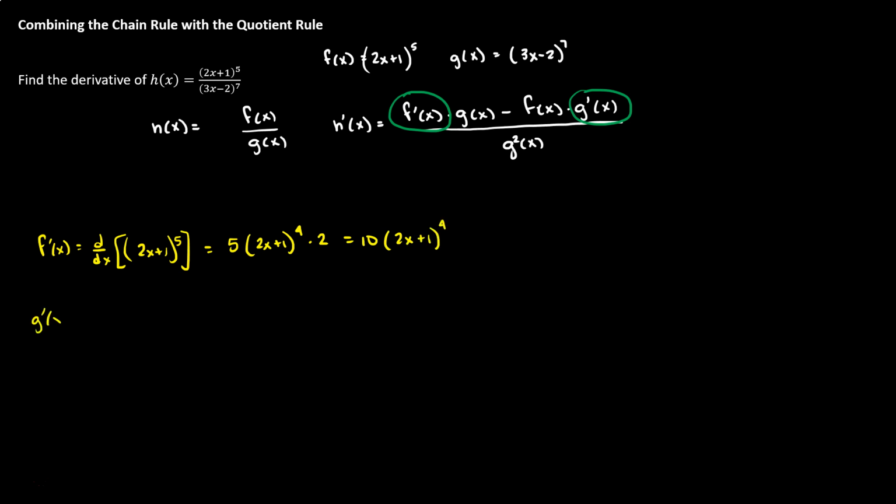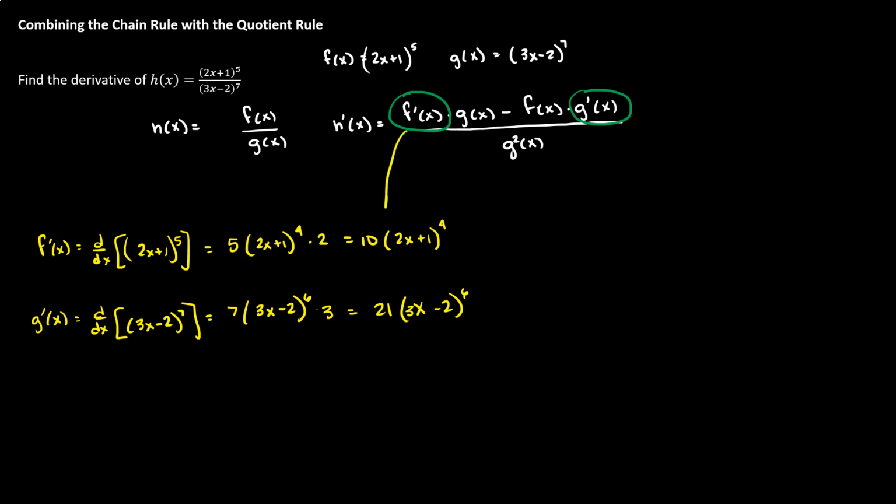G prime is the derivative of 3x minus 2 to the seventh, which looks like 7 times 3x minus 2 to the sixth times 3, which is 21 times 3x minus 2 to the sixth.